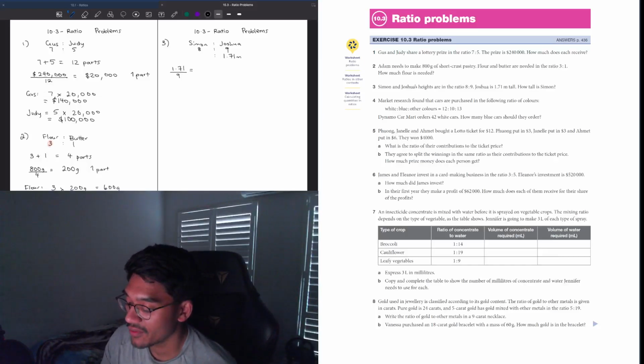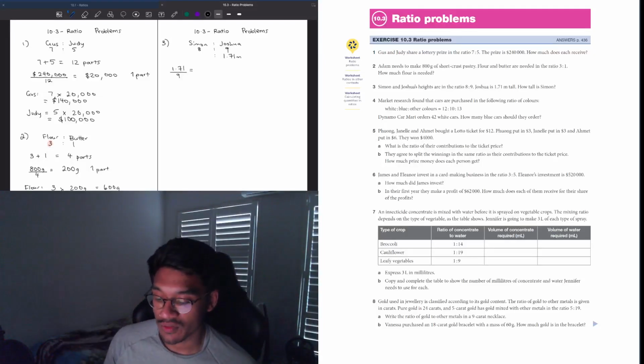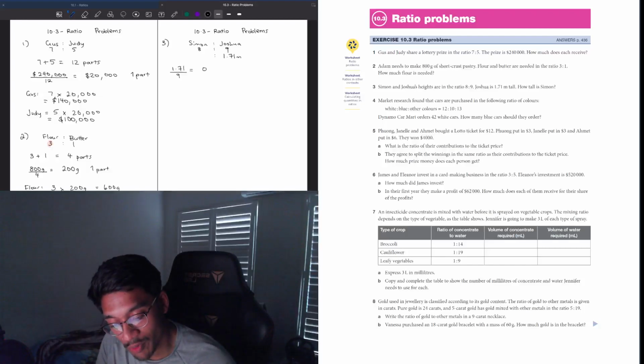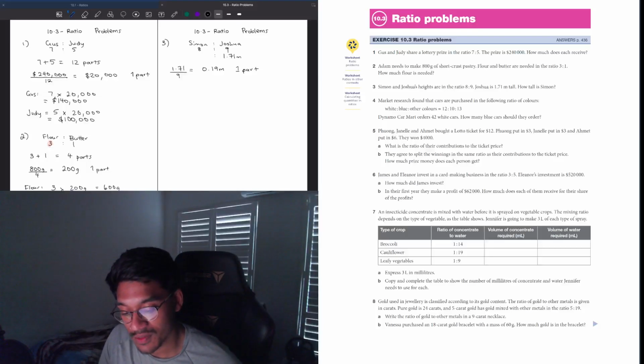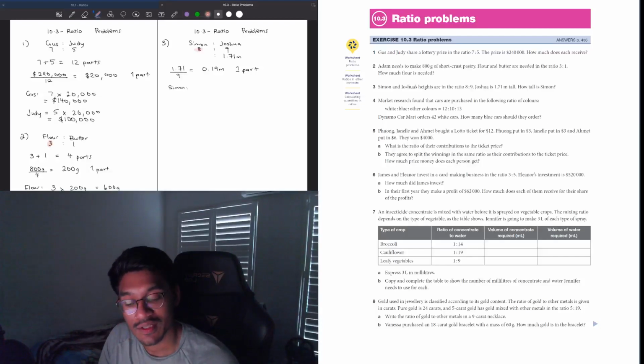So on my calculator, if I do 1.71 divided by 9, I get an answer of 0.19. Camera's flipped though. So 0.19 meters is 1 part. Now that we know the value of 1 part, we can multiply that into Simon's parts and get how tall he is. So from our equation, we know that Simon is 8 parts.